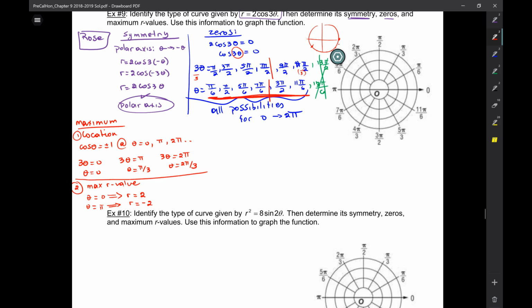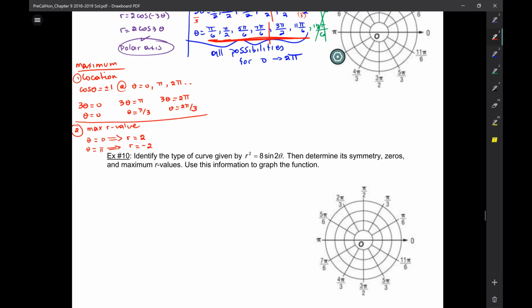Okay? So basically, maximum R value is equal to 2. So what you're looking for here is how far away is the maximum from the origin, from the pole, right? And that distance is 2.